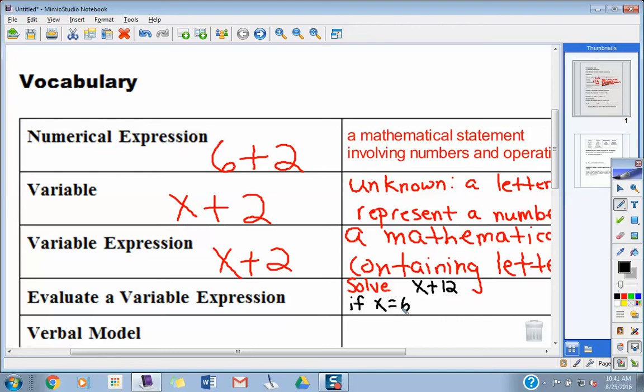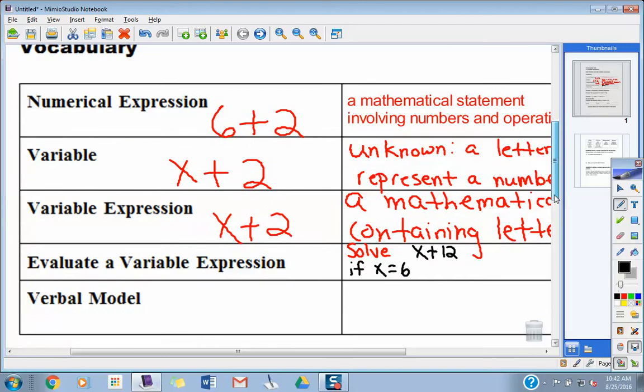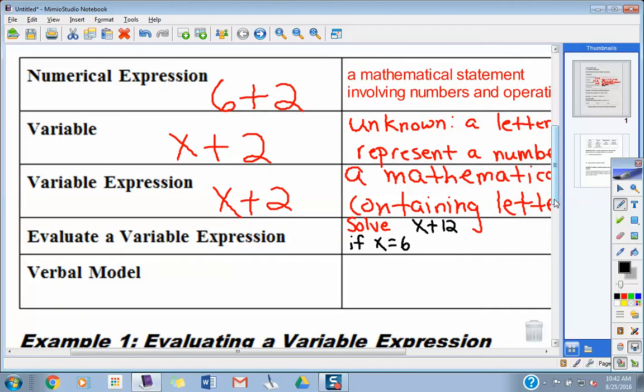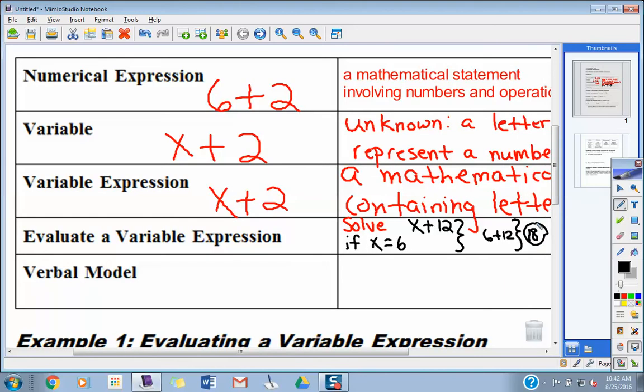Good job, way to go. So if you evaluate something right here, evaluating a variable expression basically means to substitute this in. So this really becomes 6 plus 12, which is what value, kids? 18. Awesome, guys. You're going to rule with this. You guys are going to do just fine today.